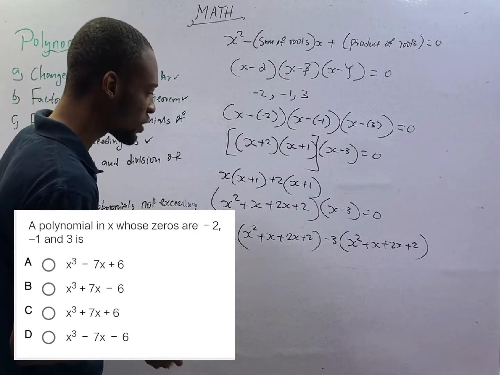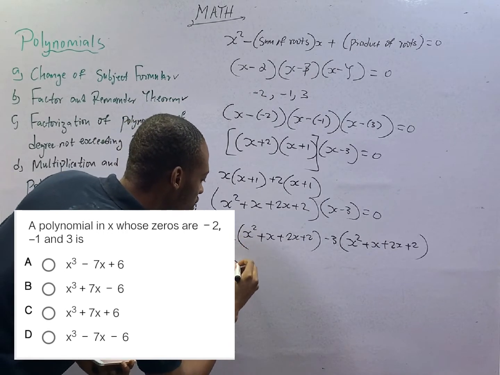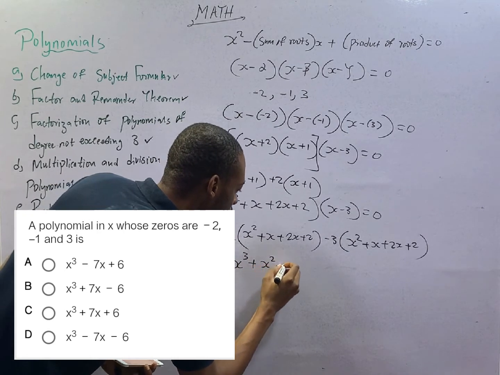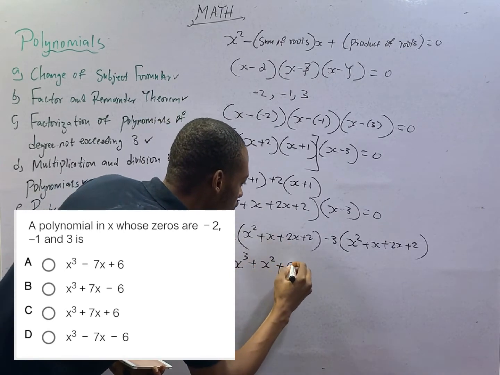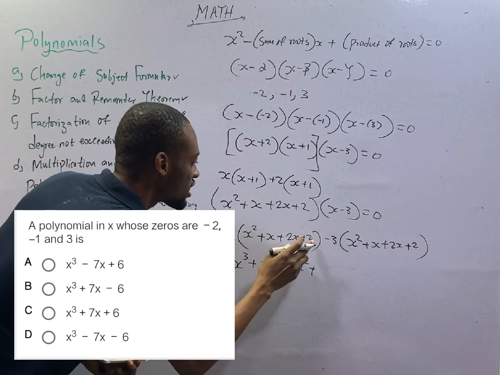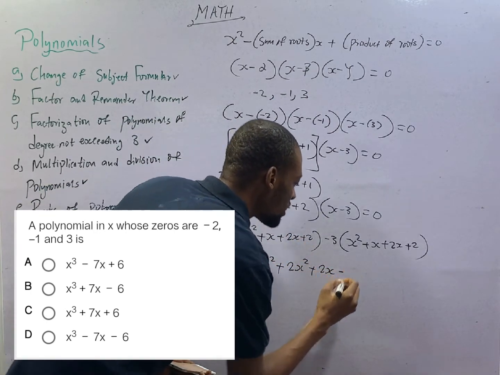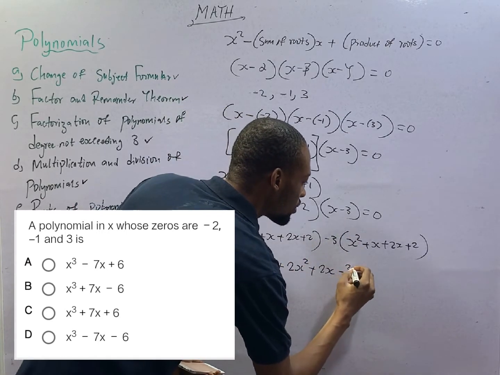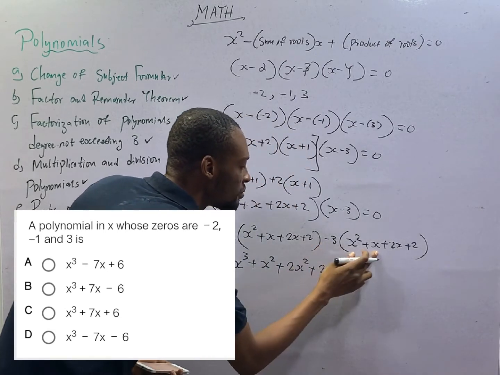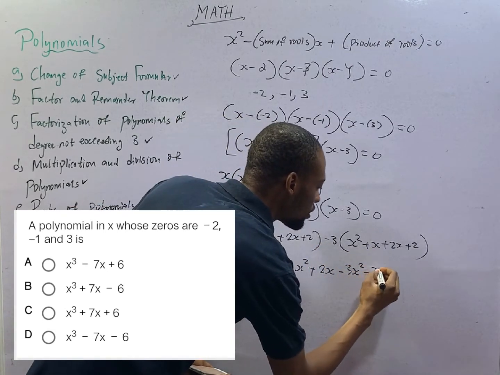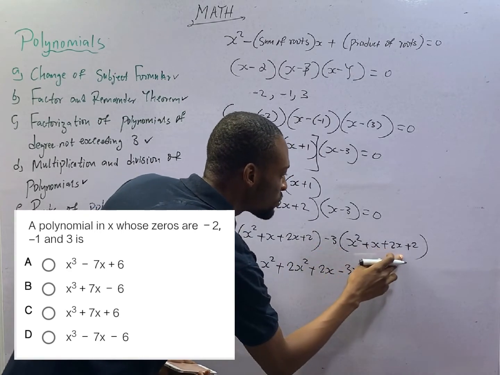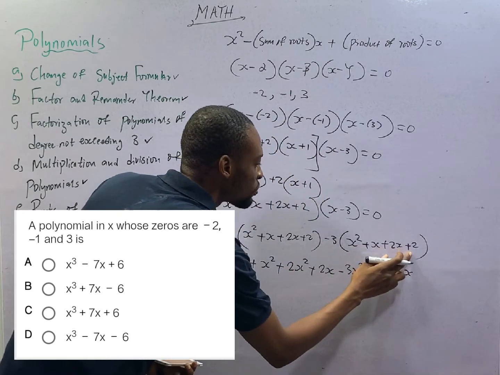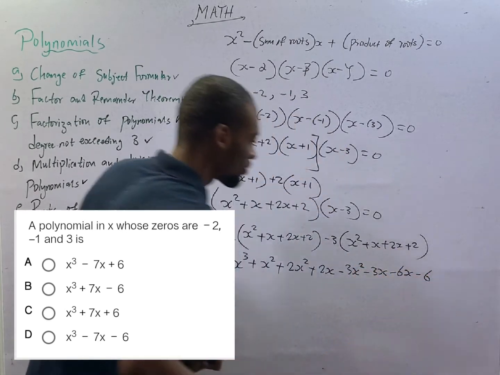Doing this, you will get s times s squared is s to the power of 3, plus s squared, plus s times 2s, 2s squared, plus s times 2, 2s, minus 3 times s squared, that is minus 3s squared, minus 3 times s, that is minus 3s, minus 3 times plus 2s, that is minus 6s, minus 3 times plus 2, that is minus 6.